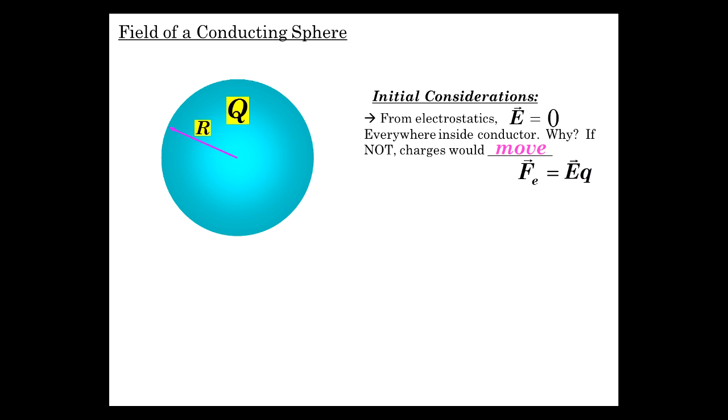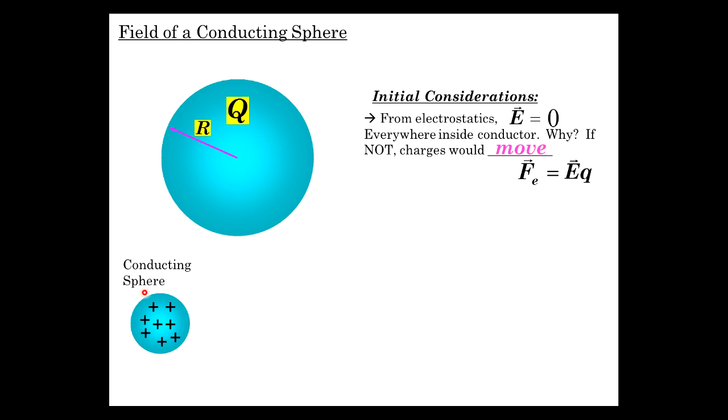Think of them as electrons, or you could charge this positively, with positive charges free to move around. If there's an electric field, that times the charge is the force on those charges, and that's the net force because gravity is not of concern here. So for Fe to be 0, the electric field has got to be 0.